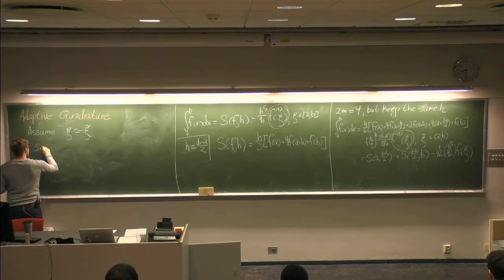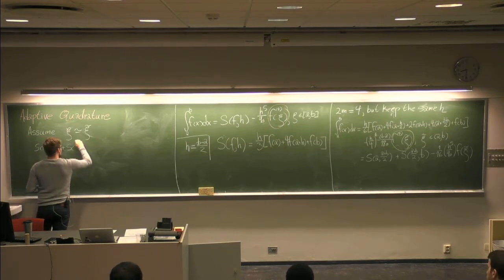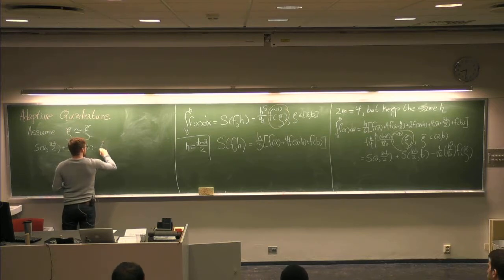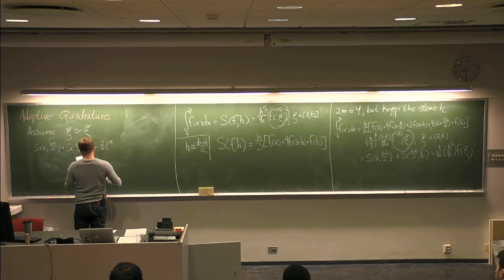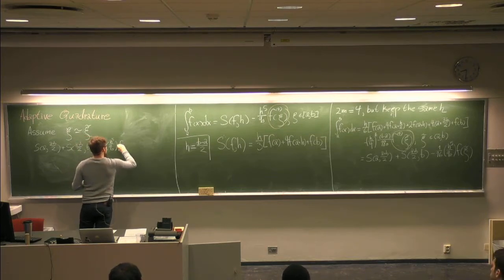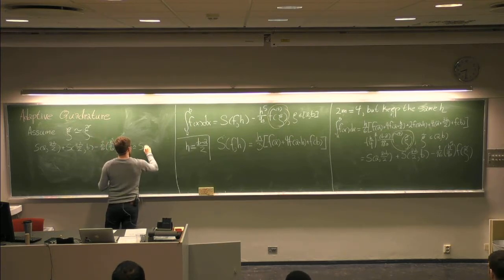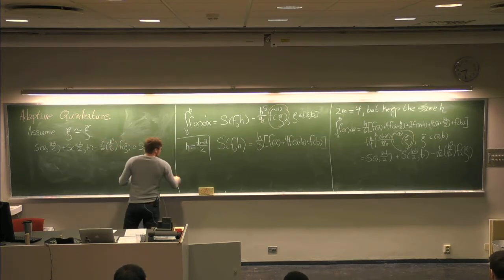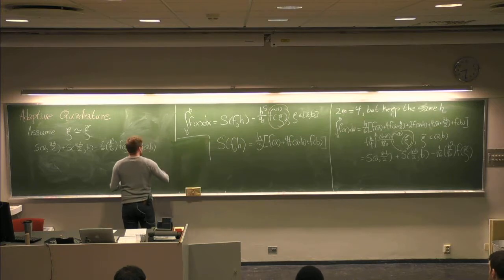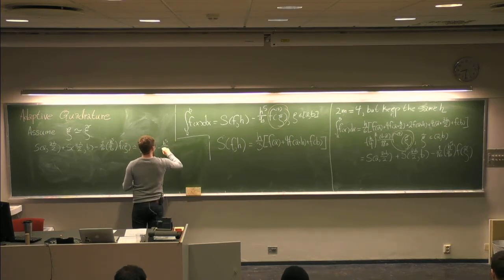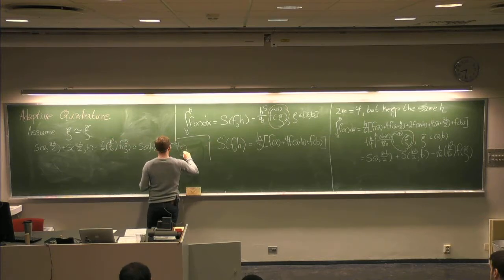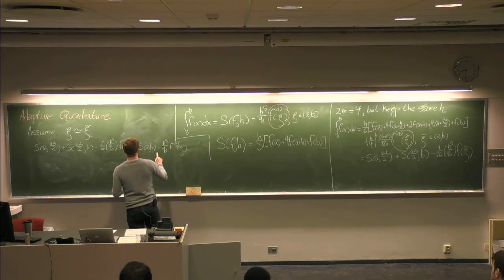So now we get S of a to (a plus b) over 2 plus S of (a plus b) over 2 to b, minus 1/16 h to the 5 over 90, is approximately the same as just evaluating it at one point, minus h to the power 5 over 90 f of 4.